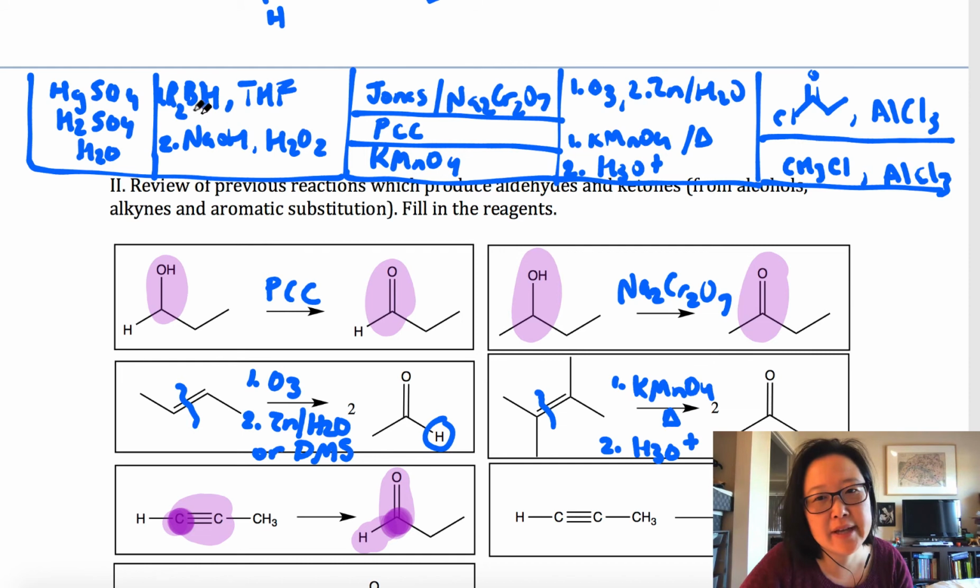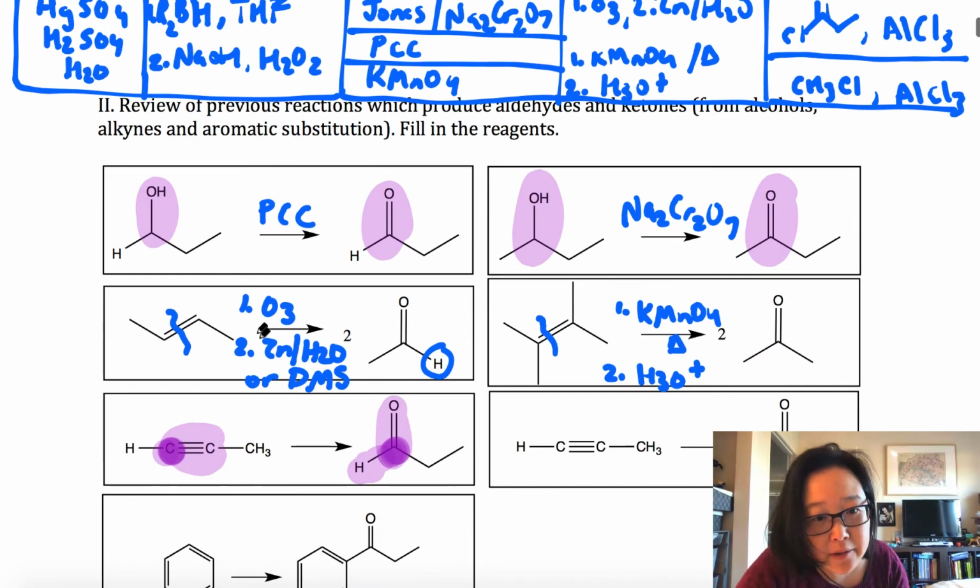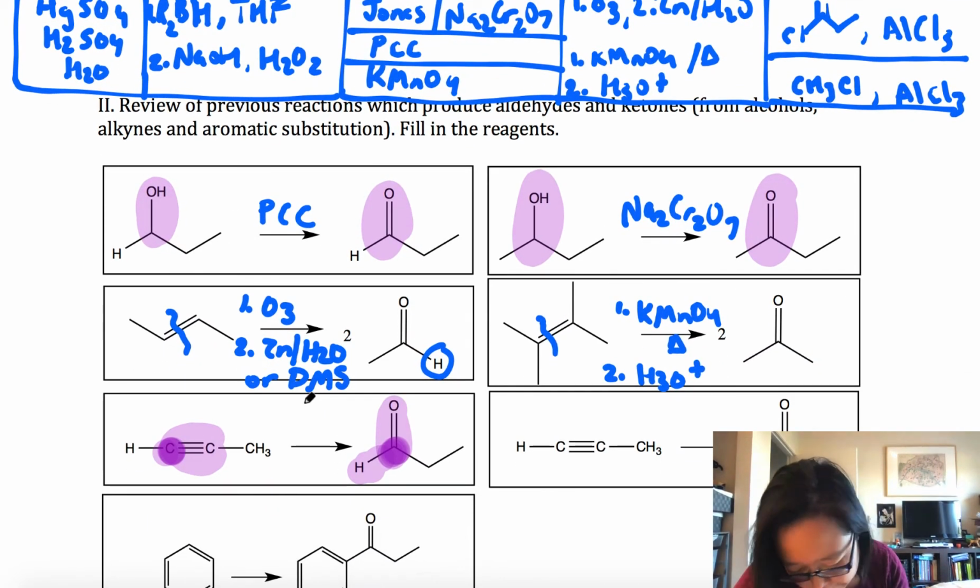So of these 2 reagents, this one's the anti-Markovnikov one. Now we tend to use an alkylated borane, so an alkyl borane, rather than just BH3. We use R2BH. But if you see BH3, it means the same. They're talking about the same thing.